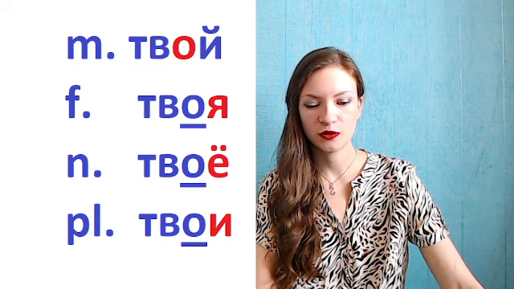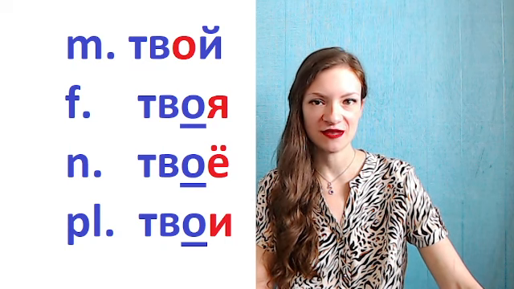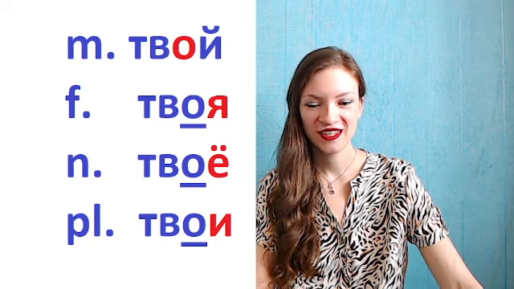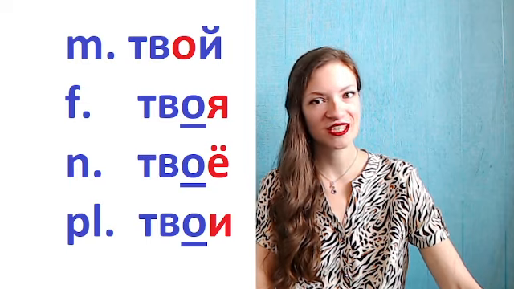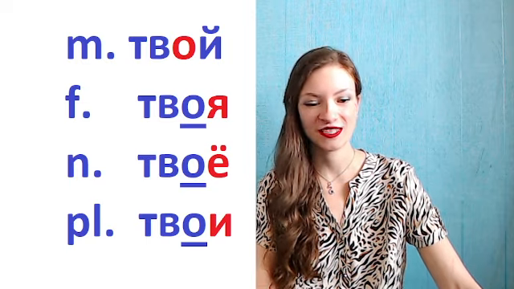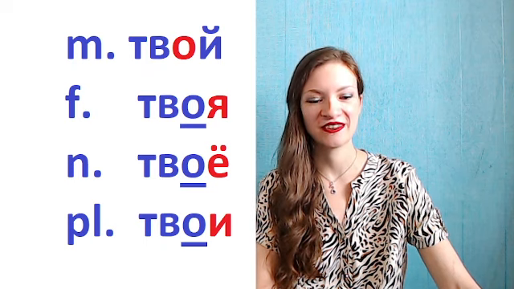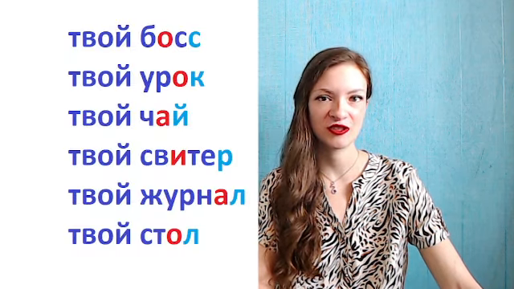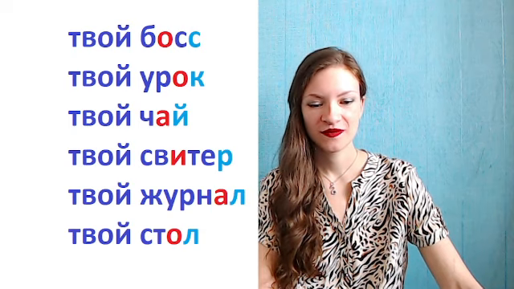In plural, we say твои, твои. Okay, I hope you understand, but of course, feel free to ask me any question in the comments below, and let's practice these Russian possessive pronouns.